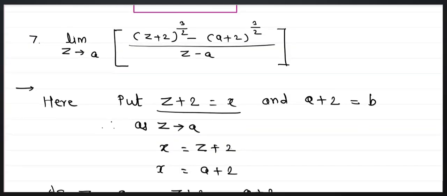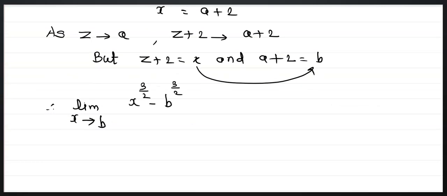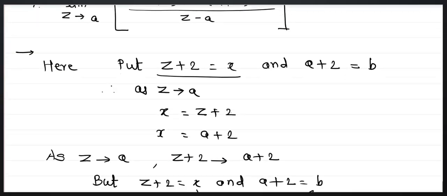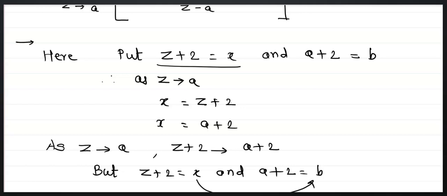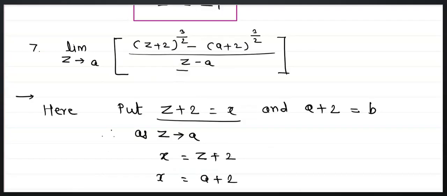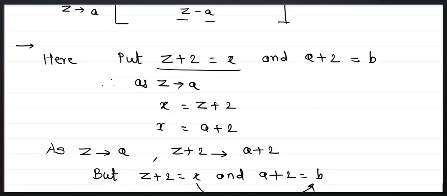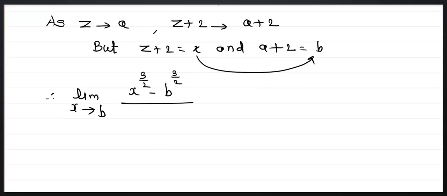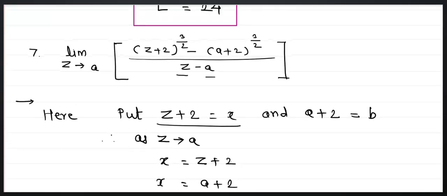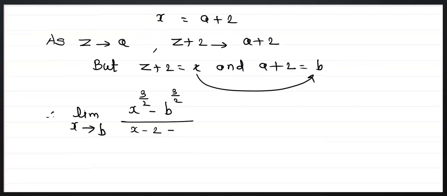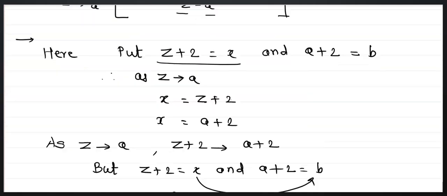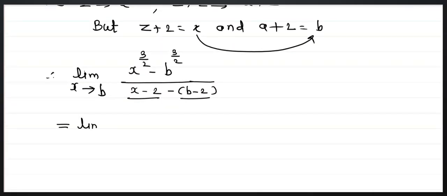Therefore the limit x tends to b, x raised to 3 by 2 minus b raised to 3 by 2 upon x minus, in bracket, b minus 2.